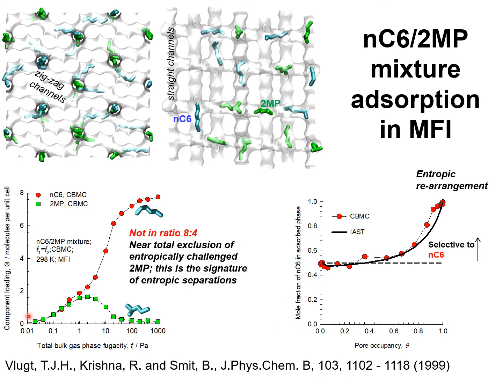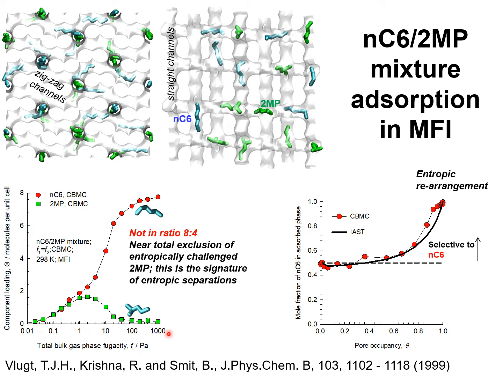Another way to plot this data is to plot the mole fraction of the normal hexane as a function of the pore occupancy. The red circles are the configurational bias Monte Carlo simulations, and the dashed line corresponds to a mole fraction of 0.5.